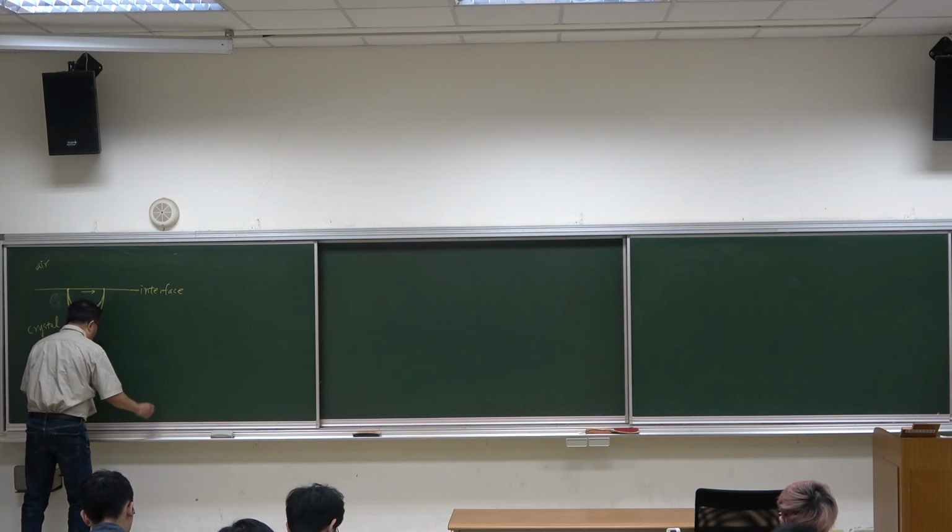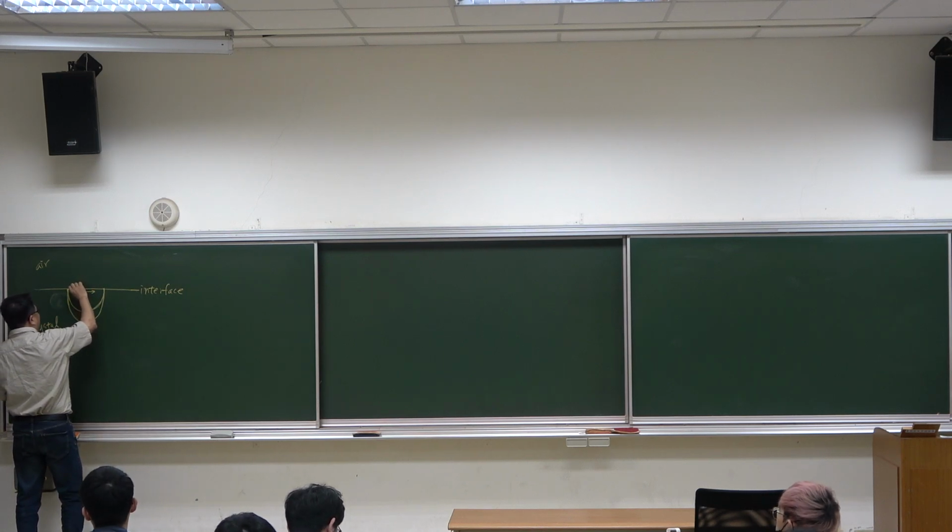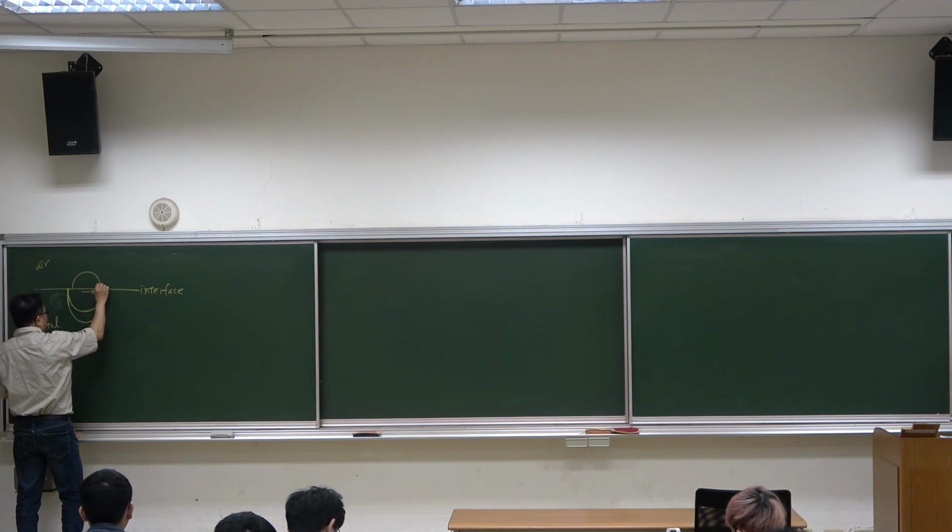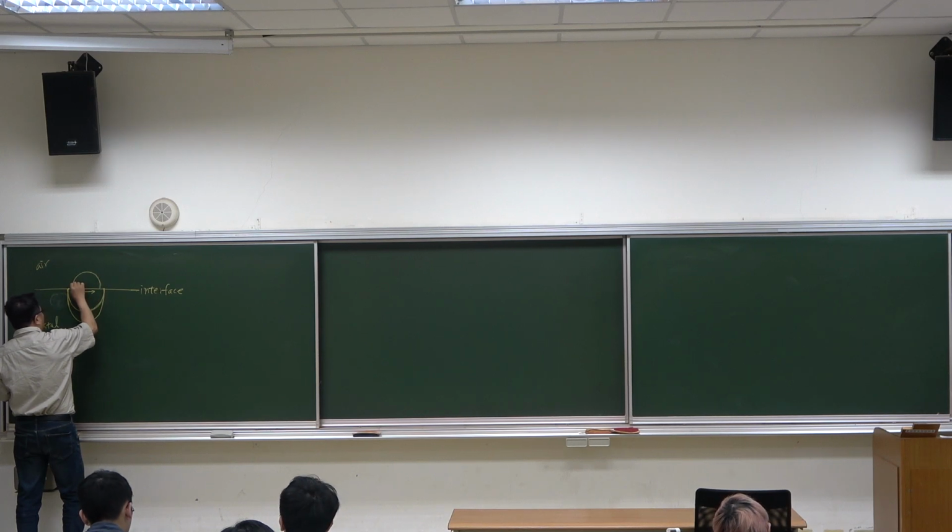Then, if I also plot the normal surface for light propagating in air, I have this sphere.